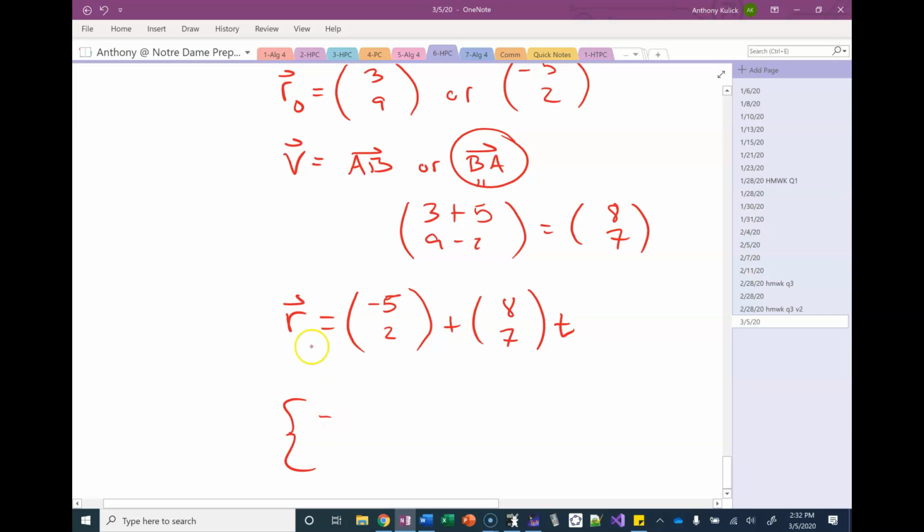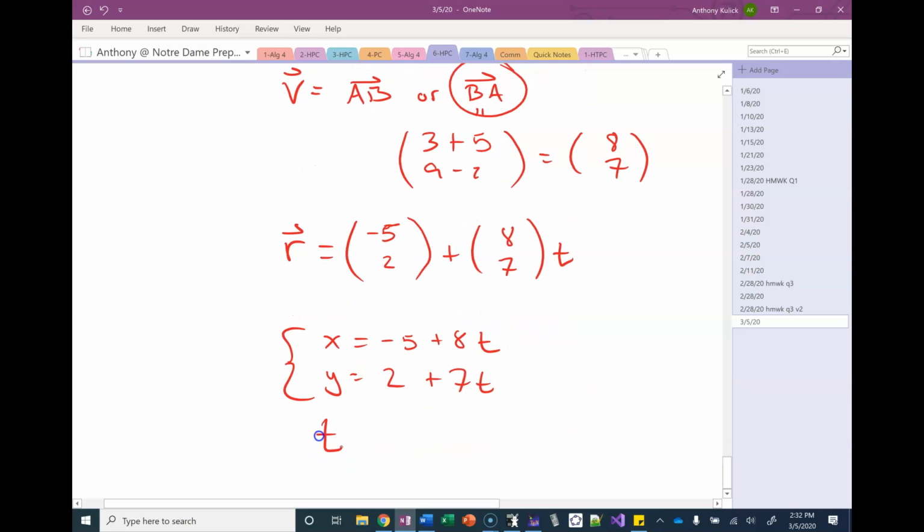So that tells me that my x is going to be -5 plus 8t, and my y is going to be 2 plus 7t. Everybody's okay there? And because the line extends in both directions forever, what should be the interval here?